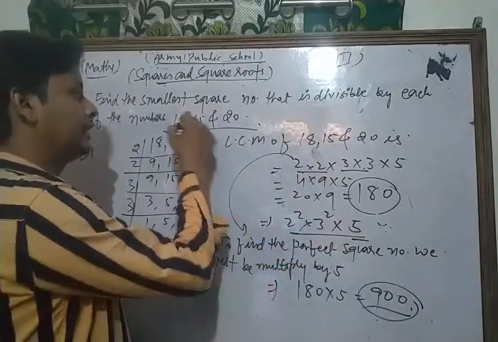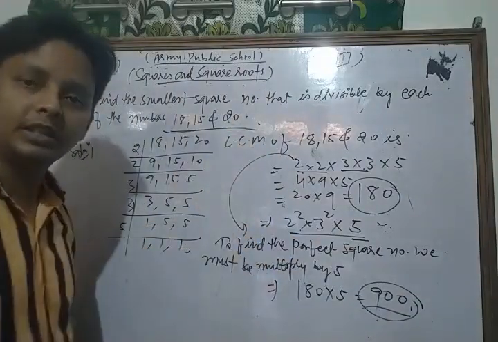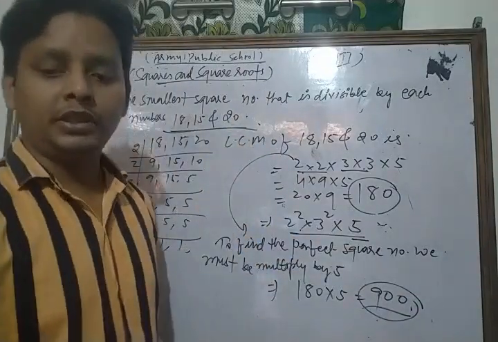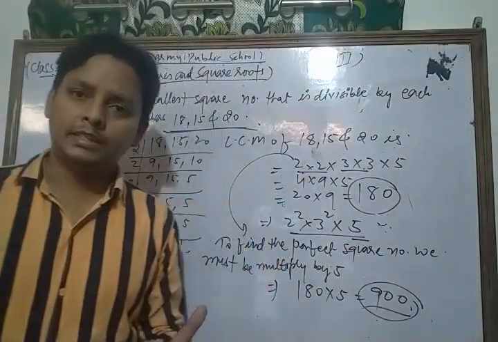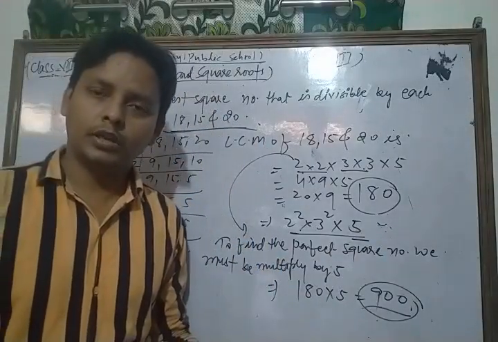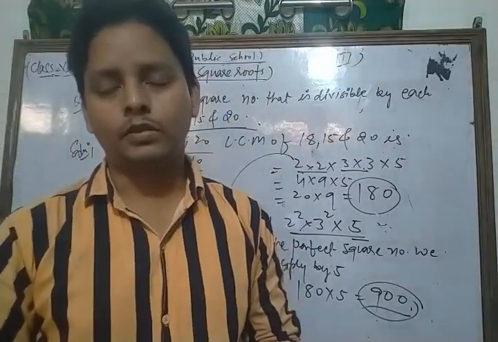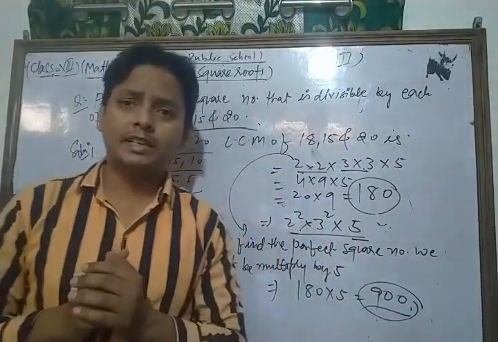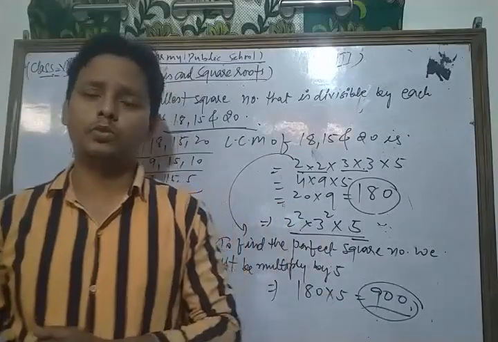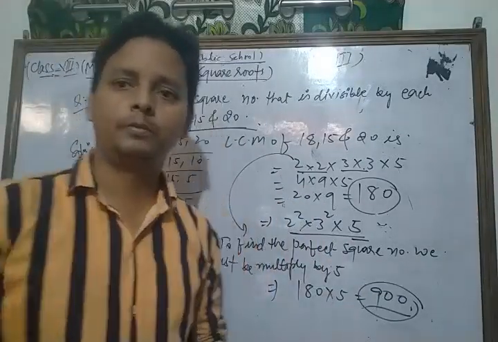It is exactly divisible by 18, 15 and 20. In this way, you can solve each and every question of your NCERT exercise based on these topics, dear students. In the next class, we take and solve some other important questions of your NCERT exercise based on the topic squares and square roots. Okay, now thanks to all.